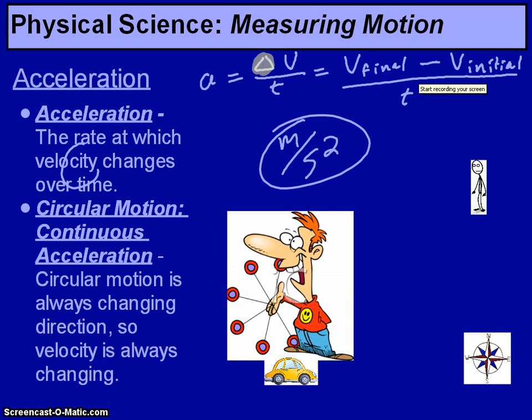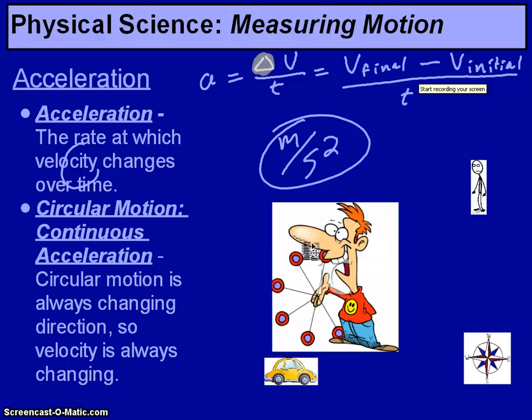We've got a yo-yo going around in a circle, and in this case, it's a constant acceleration, but the velocity is always changing because velocity depends upon two things, speed and direction.